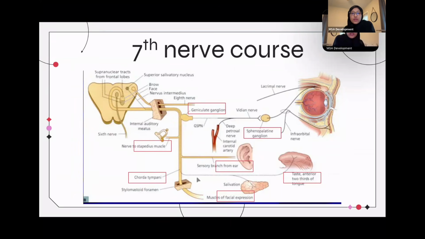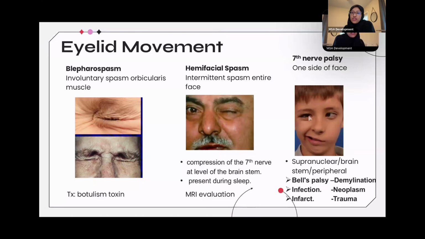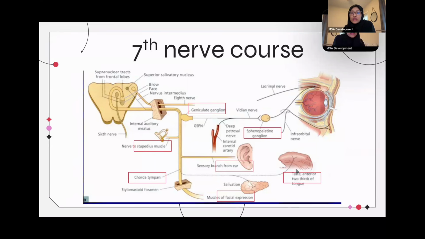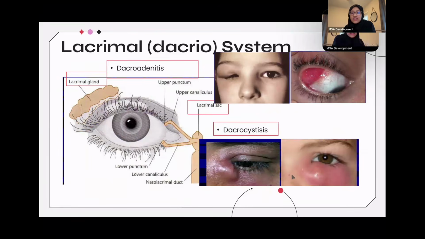Again, from your anatomy, it's important to know that it supplies your ear muscle, the stapedius muscle, ear sense, and the taste from the tongue, and of course the muscles of the face, right here. So all the muscles of the face. The taste is from a nerve called the chorda tympani. So T and T, that's taste.